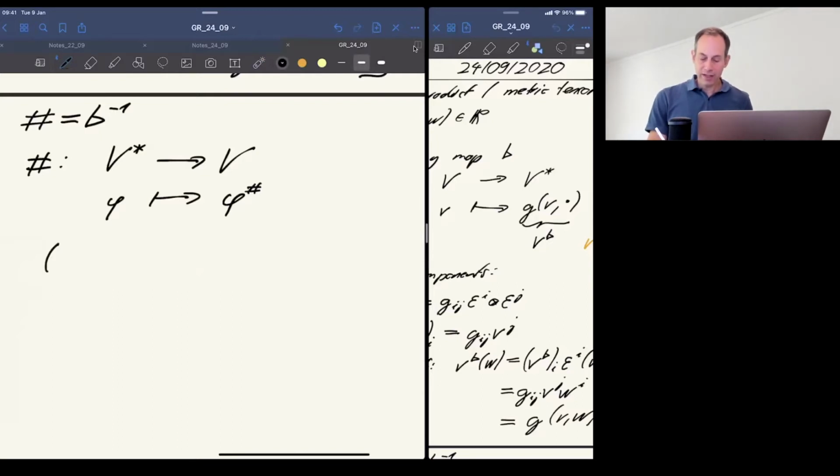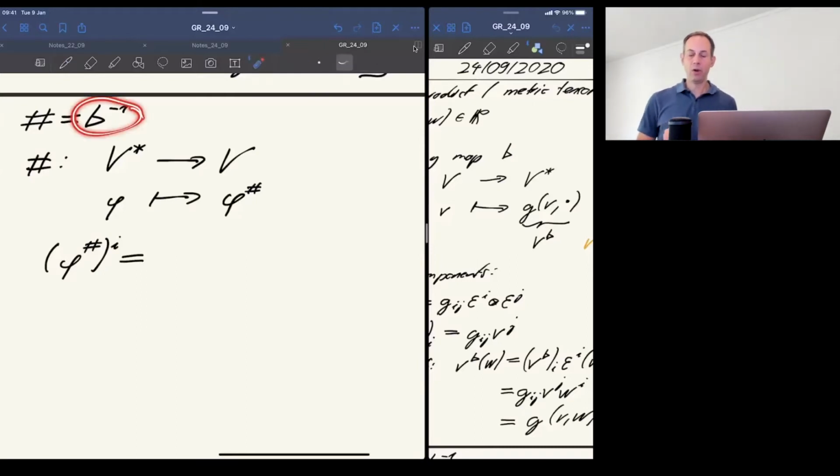So let's just take an arbitrary phi and again apply this raising map, the sharp, and let's see what the component i is. Because the original map, the lowering map, is a linear map, it must also be the case that the sharp map, the raising map, is a linear map.